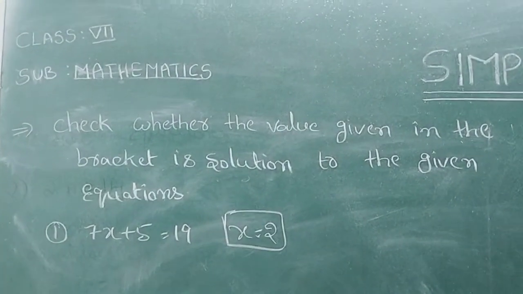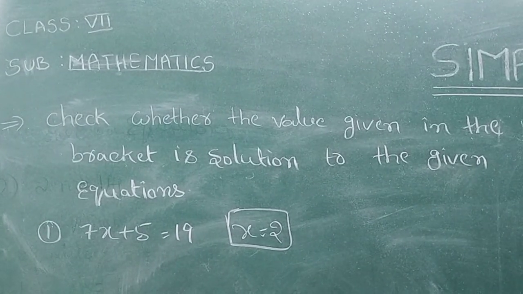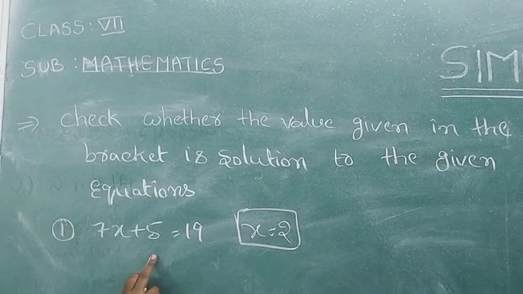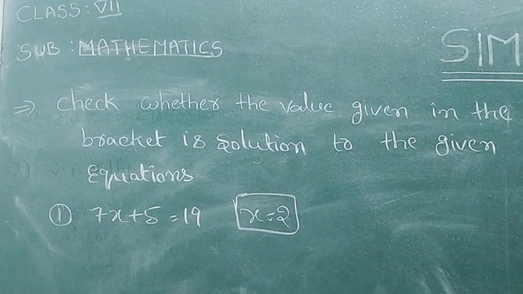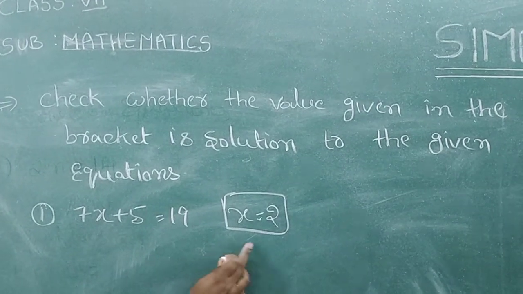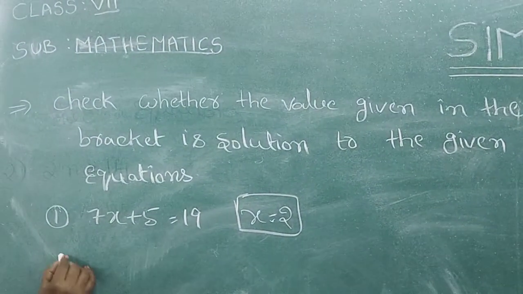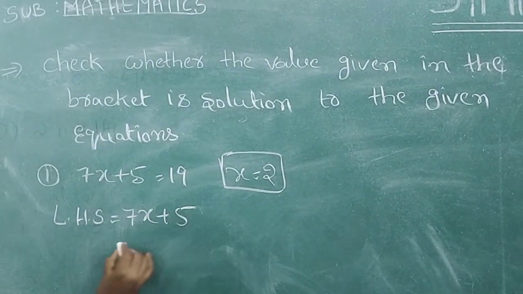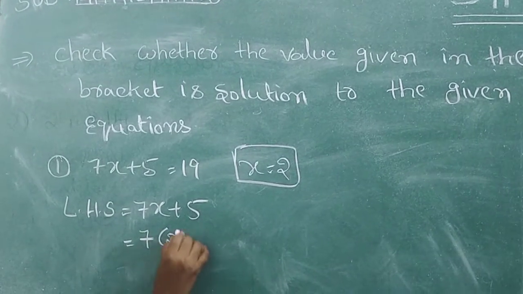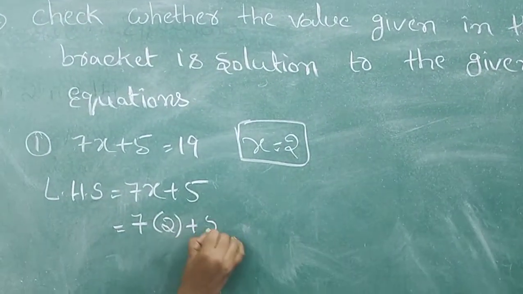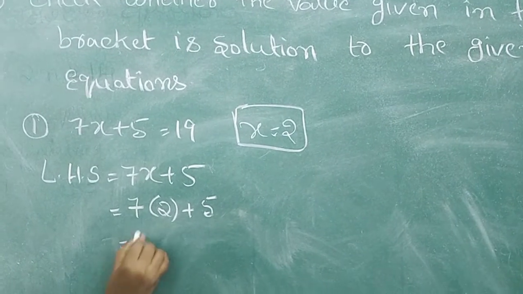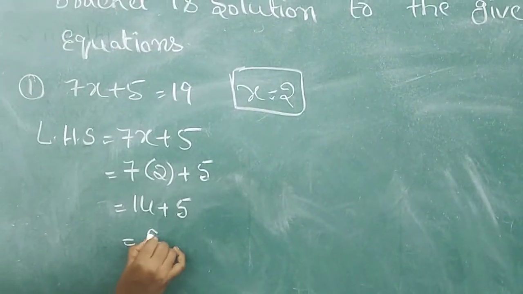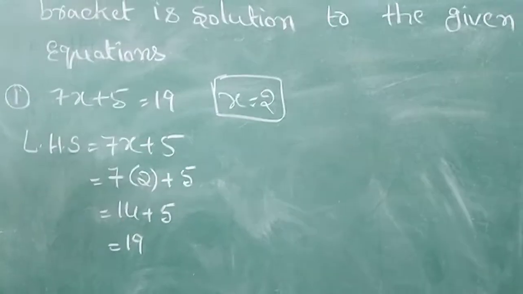Check whether the value given in the brackets is a solution to the given equation. For example, 7x plus 5 is equal 19, for the value x is equal 2. LHS is equal 7x plus 5. 7 into 2 plus 5. 7 2s are 14 plus 5. 14 plus 5, that is 19.